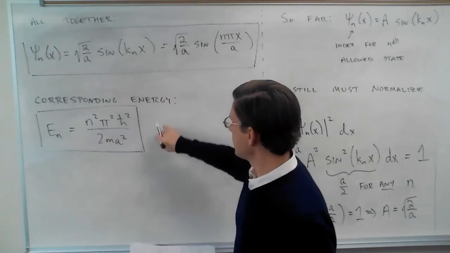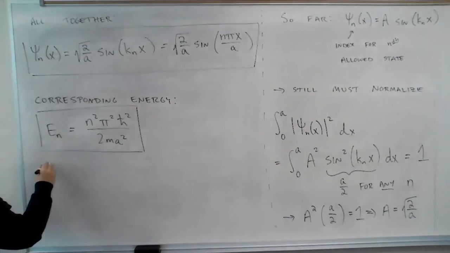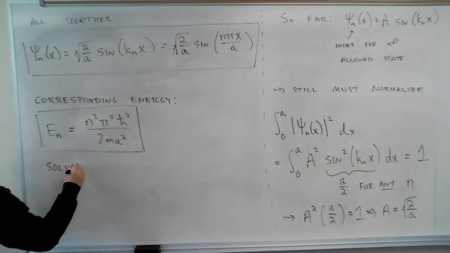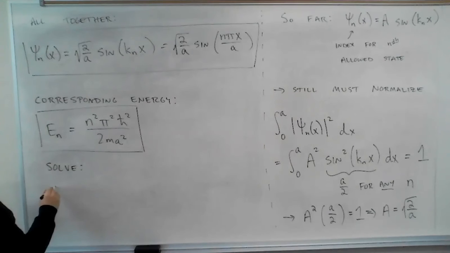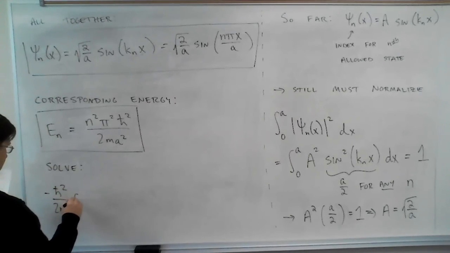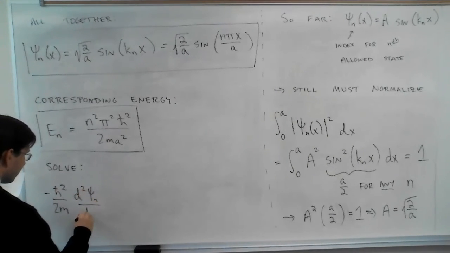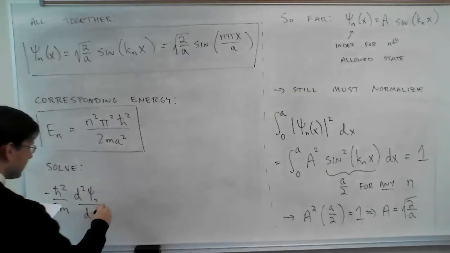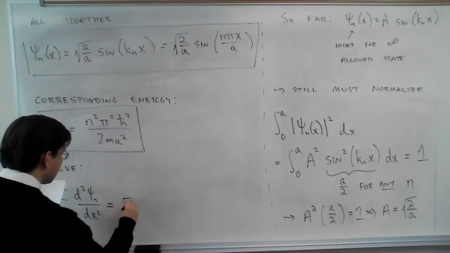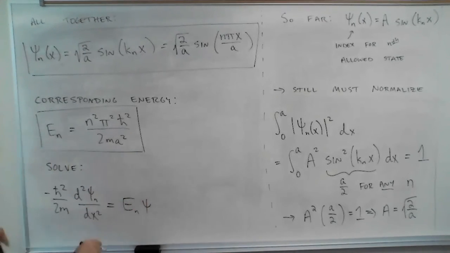Okay, and jointly together, these solve the equation that minus h bar squared over 2m times d squared psi sub n dx squared is equal to E sub n psi sub n. Okay, this is the Schrodinger equation that we started with.